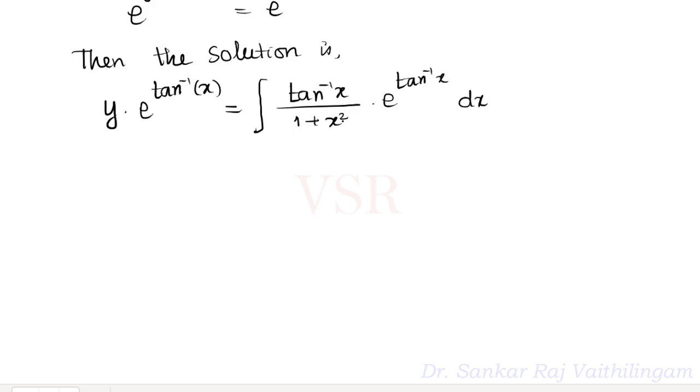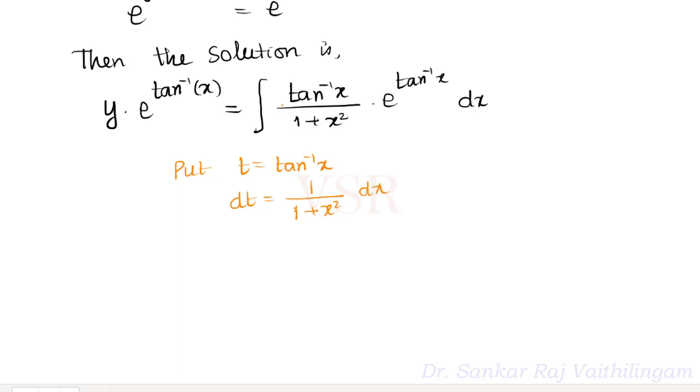Now how do we solve this? The same method. What do I do? Substitution method. Put t equal to tan inverse of x. Then dt by dx is equal to the differential of tan inverse of x, which is 1 divided by 1 plus x square into dx.